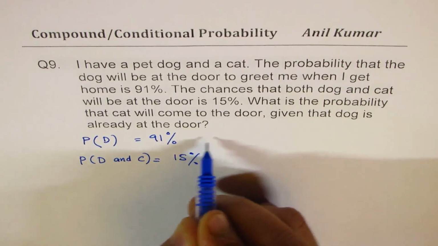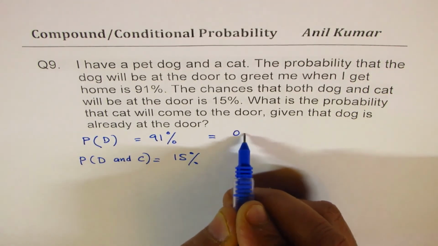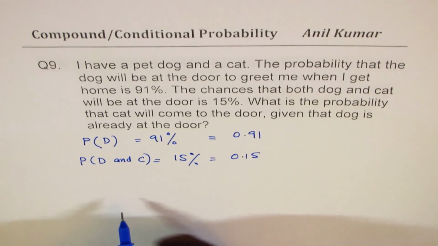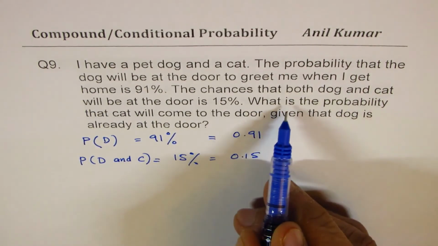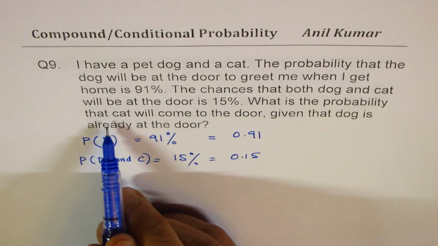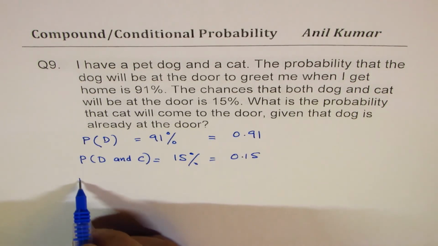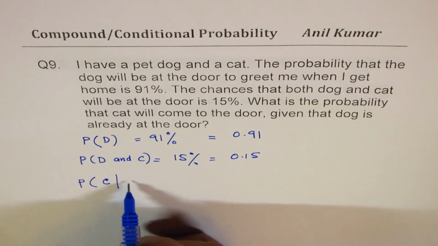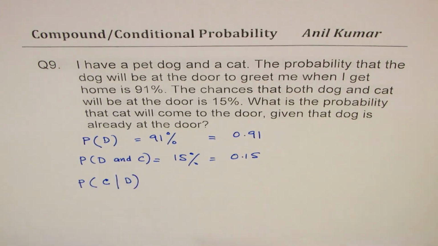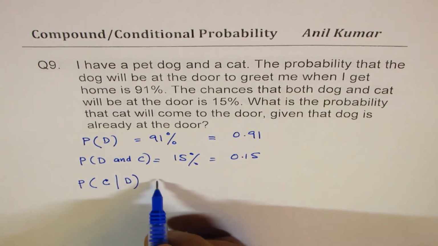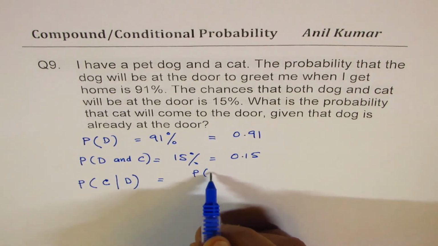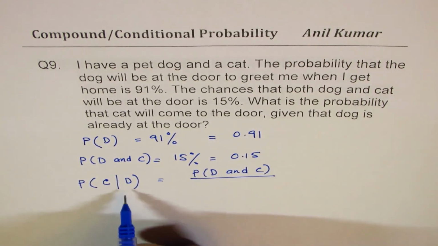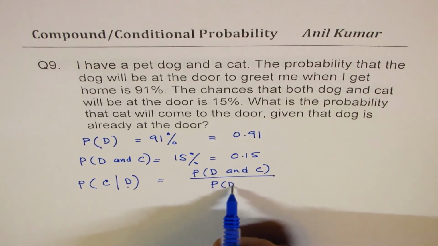When we are given numbers in percent, we could write in decimals, so we could write this as 0.15. What we need to find is the probability that the cat will come to the door, so we want conditional probability. Cat will come to the door when the dog is there. That is what we need. And this is equal to the probability of dog and cat being at the door divided by probability of dog.